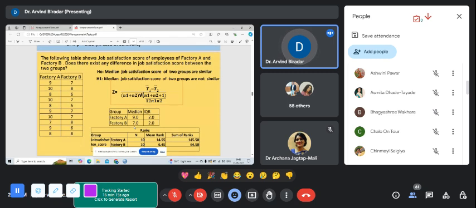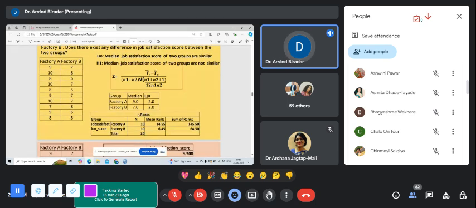This is the median value for factor A and factor B. This is the rank, the group rank, mean rank, sum of ranks. Similarly for factor B, the total is like this.